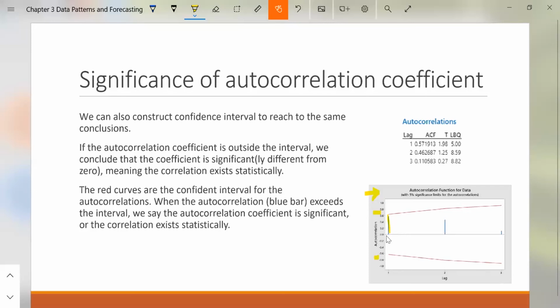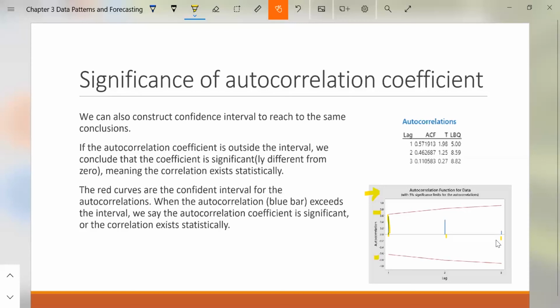Now, apparently for our example here, all 3 lags are within the confidence interval, and therefore none of them are significant. So basically what we can say is for this VCR sales data, the autocorrelation for the first lag, the second lag, and the third lag is not significant enough for us to conclude that the current period value is related to any of the previous period values.